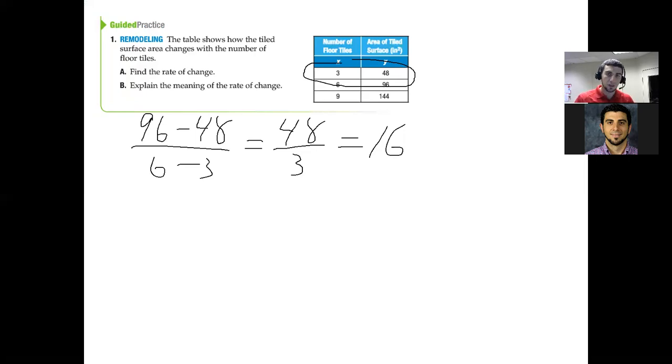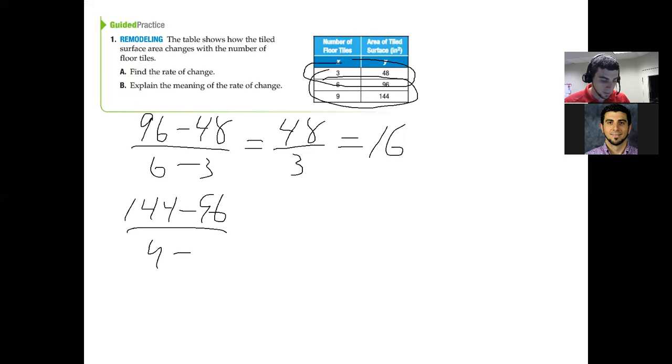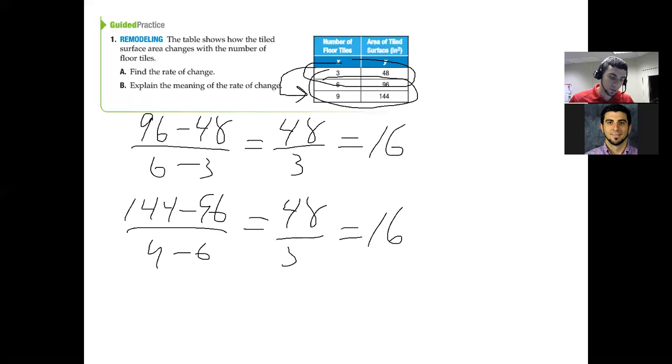So 16 square inches of surface is tiled for each floor tile that is used. If you used the second 2 numbers, you would have done 144 minus 96 over 9 minus 6, which would give you 48 over 3, which also equals 16. And you could even use the first one and the last one.